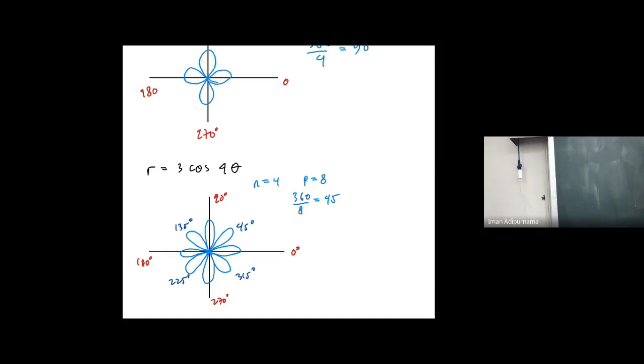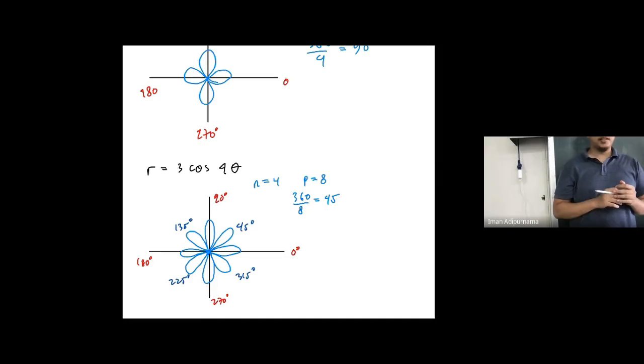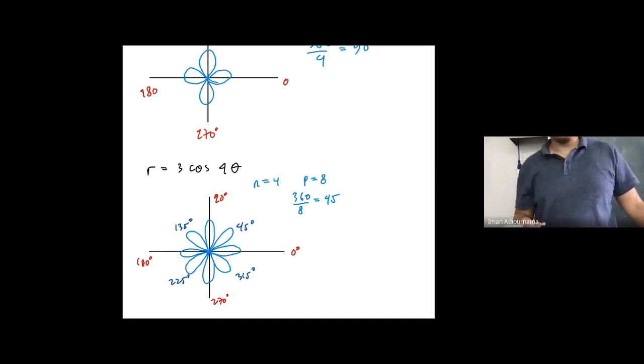If you know the first direction, it's easy to draw the other petals. Then determine the angles and make sure they are separated by, for example, 45 or maybe 22.5. Okay, that's the rose curves.